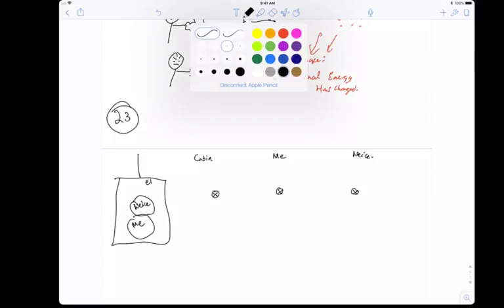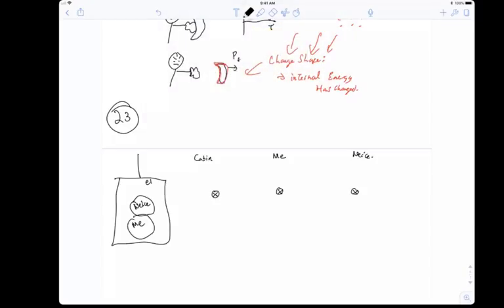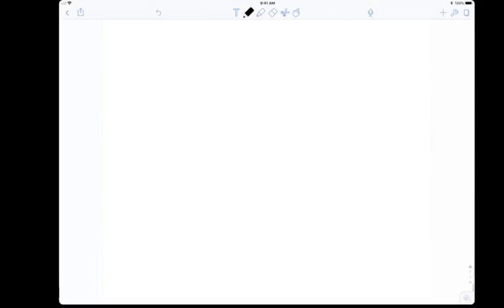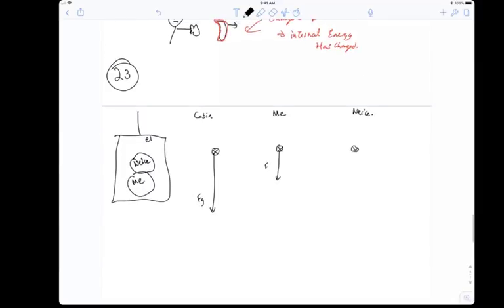Each of us feels gravity. We'll start with that. The cabin feels a lot of gravity. I feel a moderate amount of gravity. And my niece doesn't feel very much gravity at all.